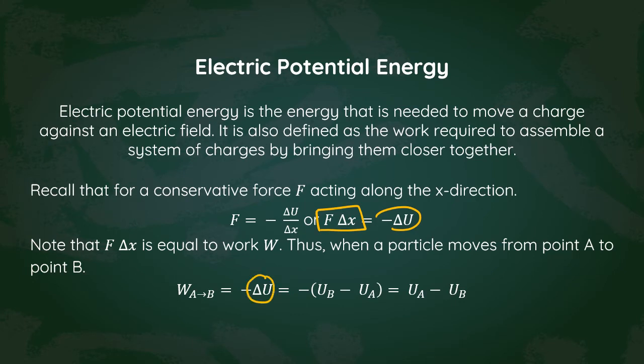And the change in electric potential energy is the difference between your potential energies at point B and point A. Then we can distribute this negative sign, and that will give us work from point A to point B is equal to UA minus UB, or the potential energy at point A minus the potential energy at point B.